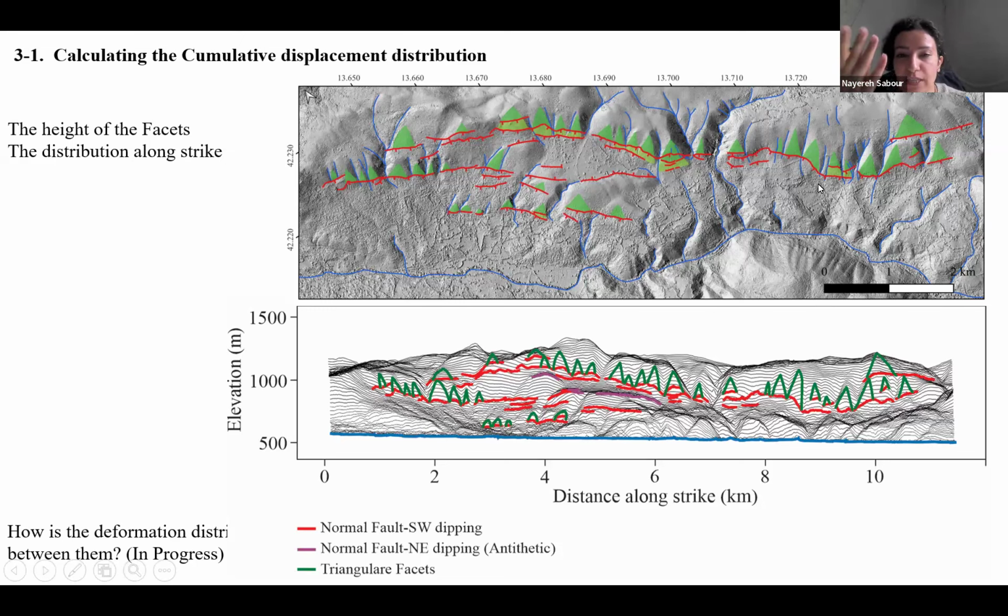For example, in this case, the fault propagation is toward the NW. So usually in the immature part the fault presents more complexity. And this antithetic fault can be a part of this more complexity. They can affect each other, both of them. It's two sides.